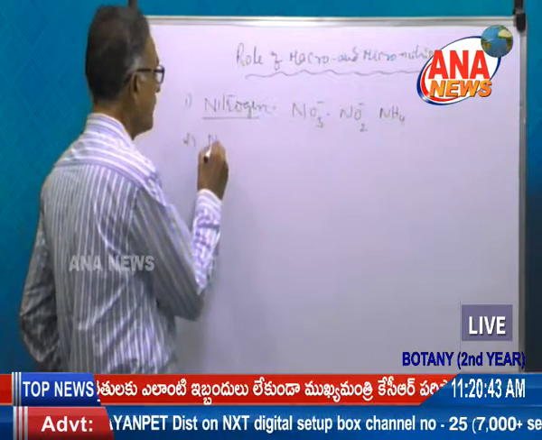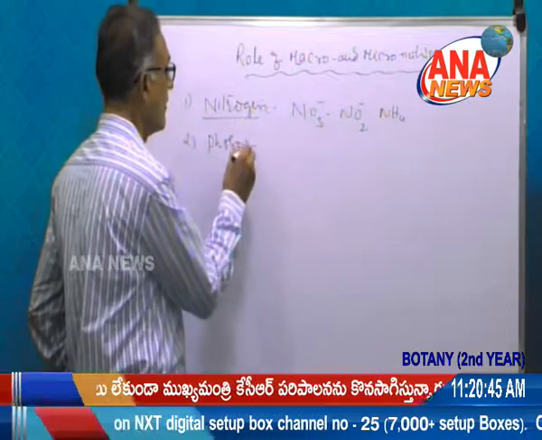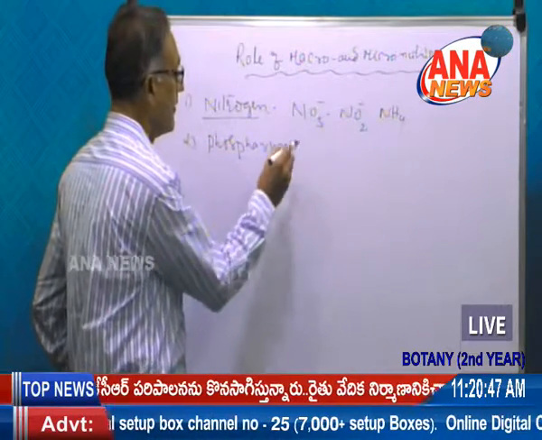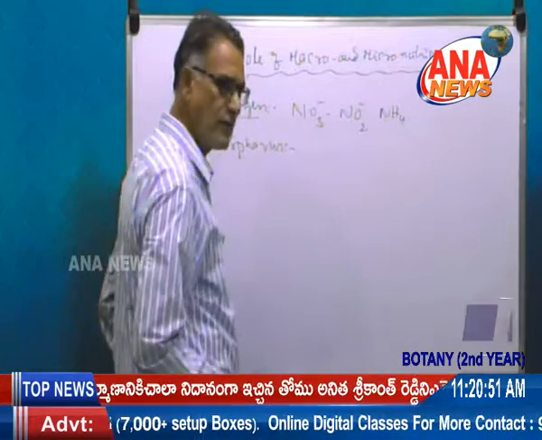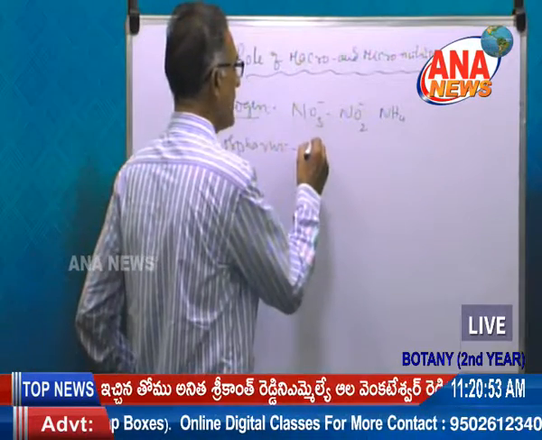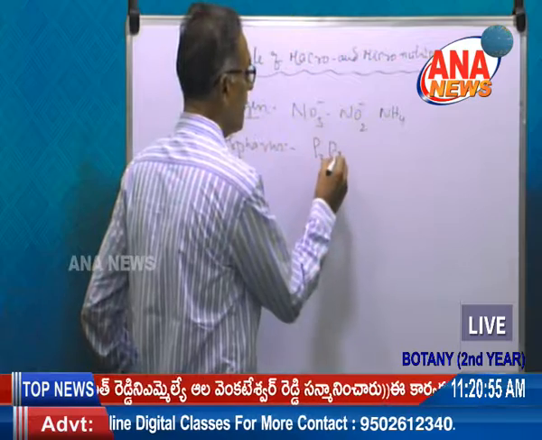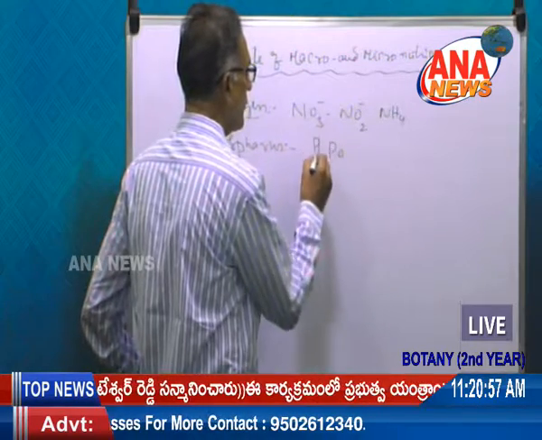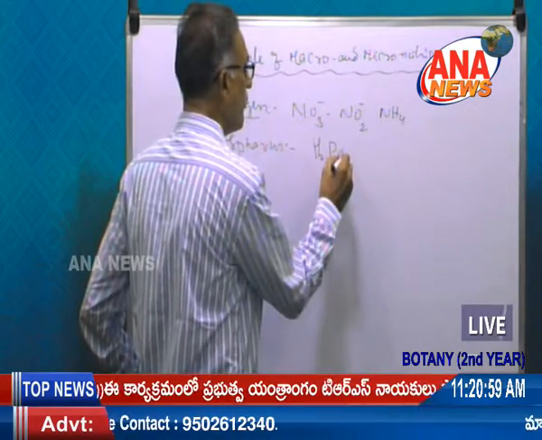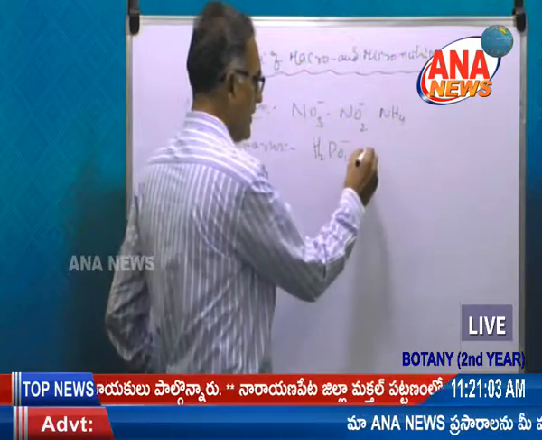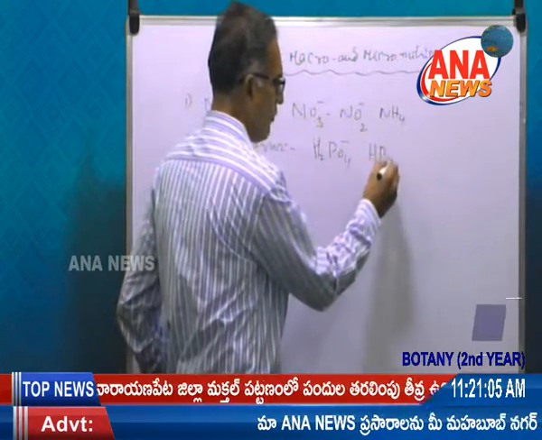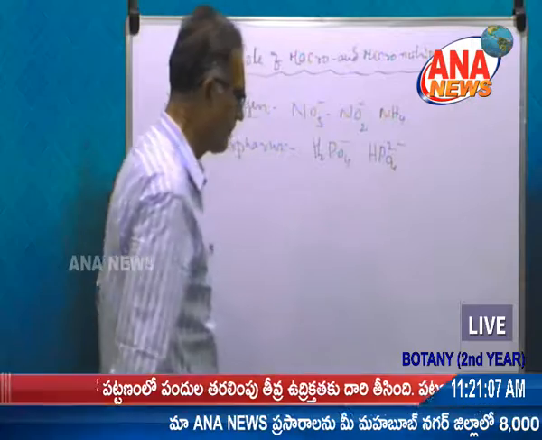Then phosphorus, which is obtained from the soil in the form of phosphate, H2PO4 minus or HPO4 2 minus.